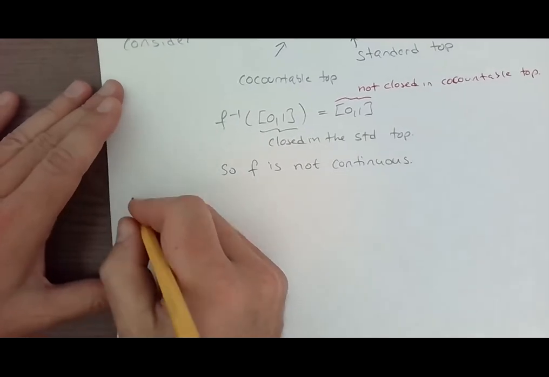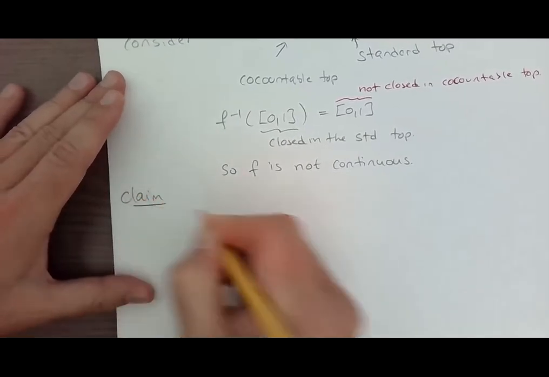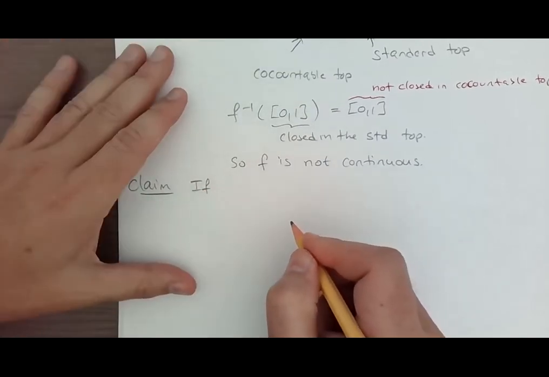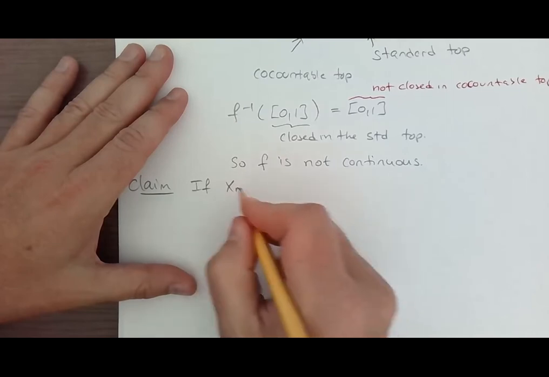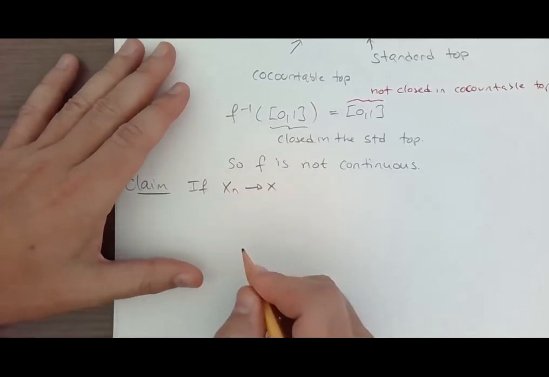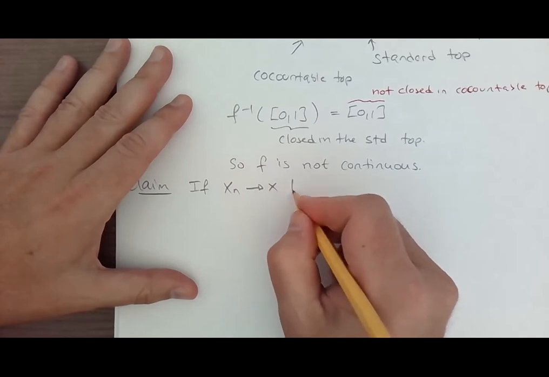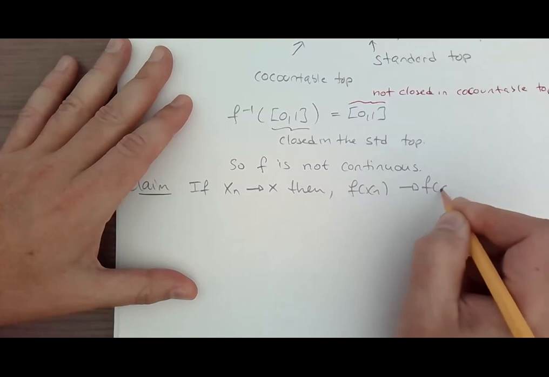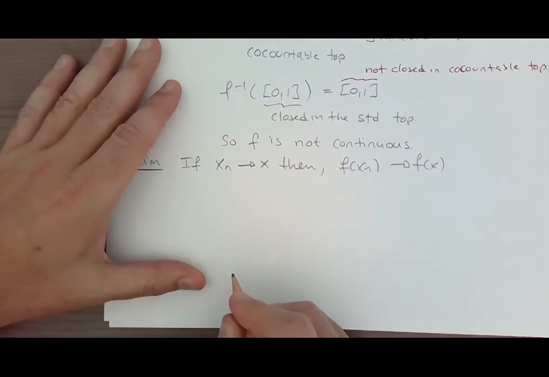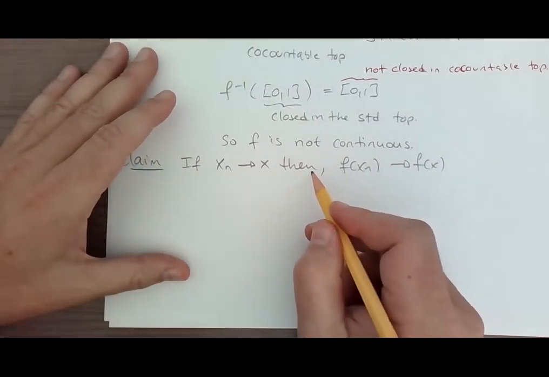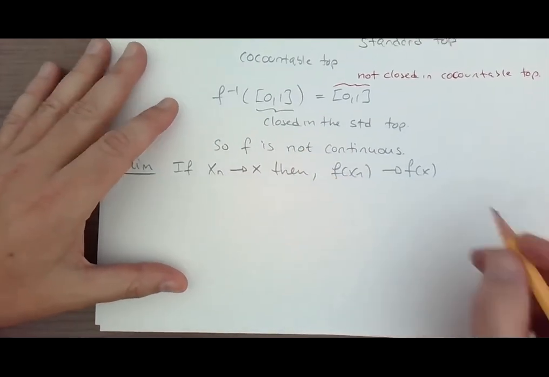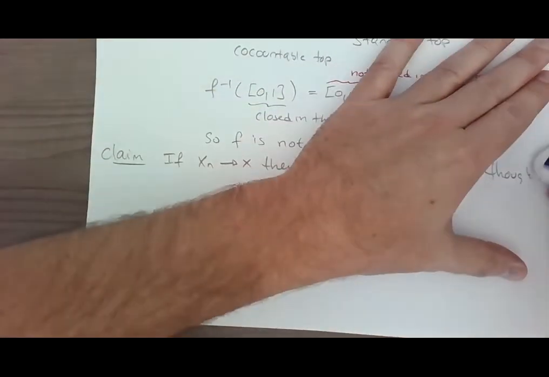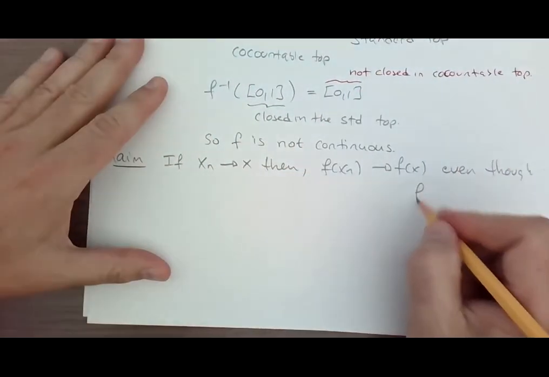So what about if xn converges to x, then f of xn converges to f of x, even though f is not continuous.